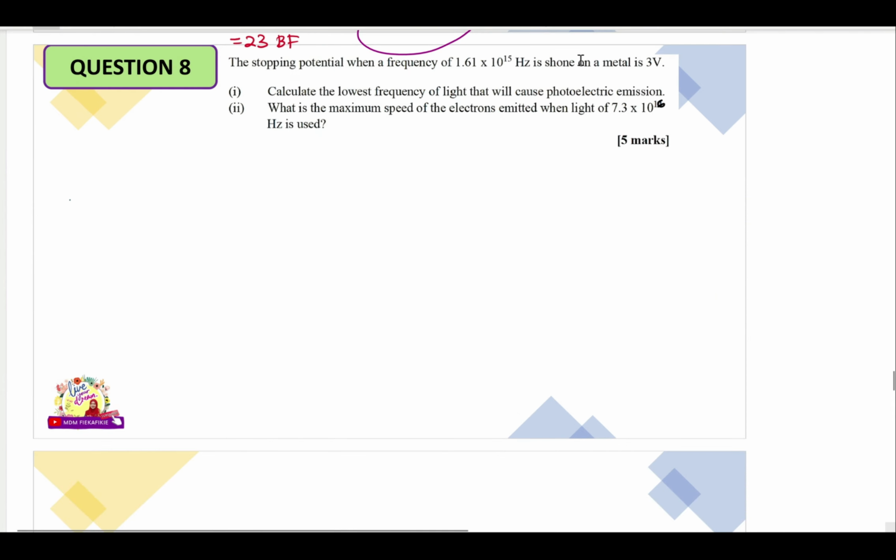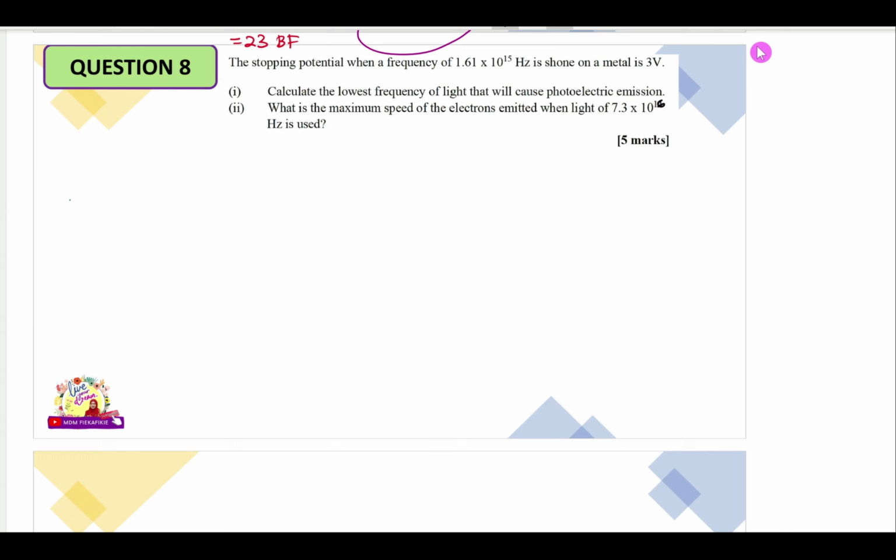Alright, question number 8. Okay, so now we have a stopping potential. Given that the stopping potential, when a frequency, this is the frequency of a photon, 1.61 times 10 power of 15 hertz is shown on a metal is 3 volt.